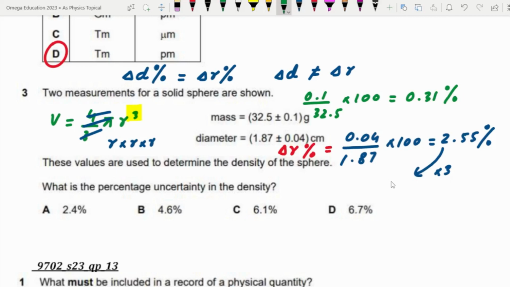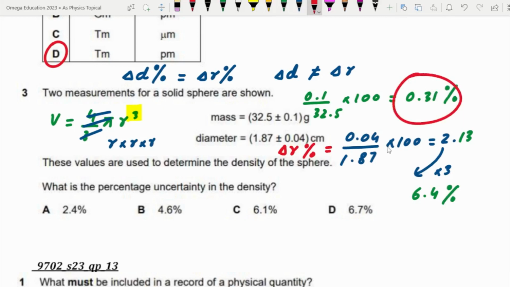So answer multiply by 3, we get 2.13. You can hit it on the calculator, 2.13, and then this multiplied by 3, you get 6.4%. Then you add these two percentage uncertainties.